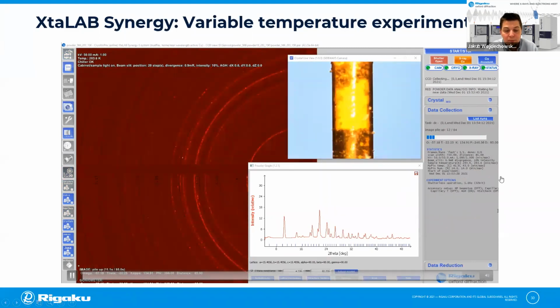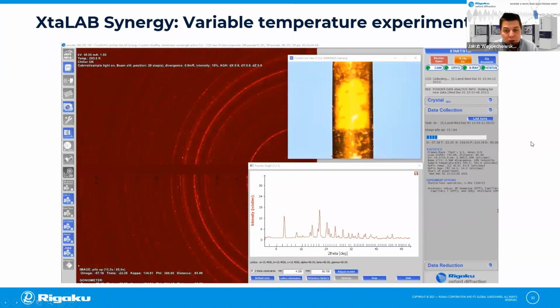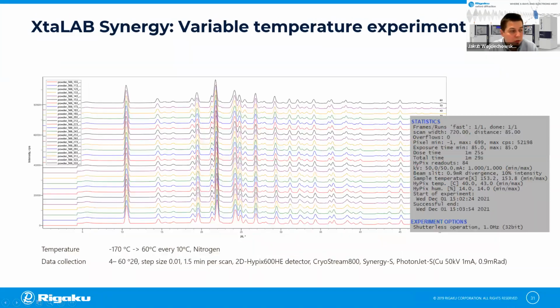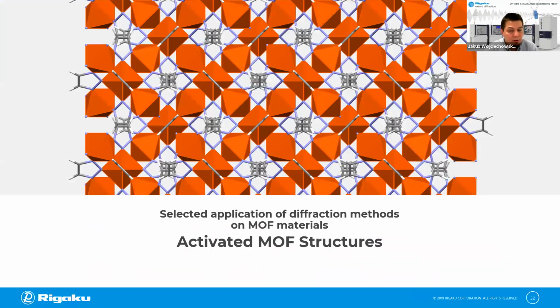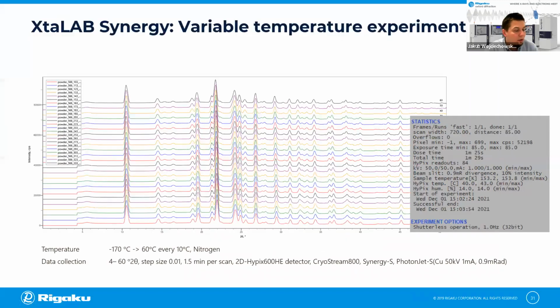Very reliable. And this is our SuperNova S system. So the exposure times are still very short, and data collections are still quite usable and reliable. Each scan was only a minute and a half to reach 60 degrees from 5.